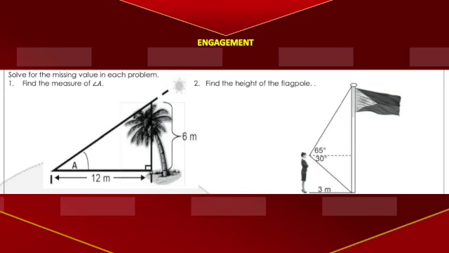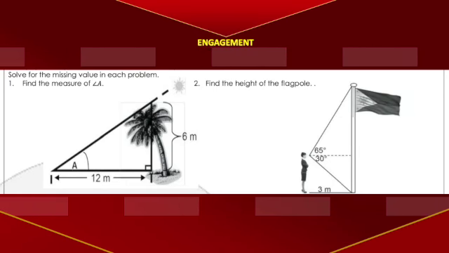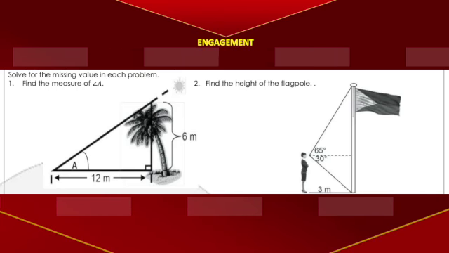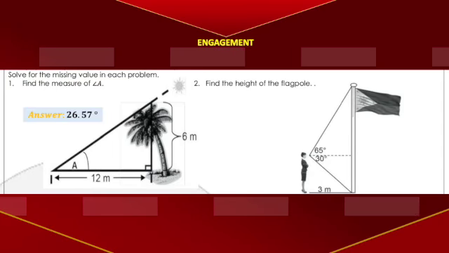Ano kaya ang magiging trigonometric ratio? What type of trigonometric function are we going to use in this type of example? Since meron tayong opposite and adjacent side, technically ang gagamitin natin ay, yes, tangent. Correct. So what is our answer here? Ang sagot is 26.57 degrees.